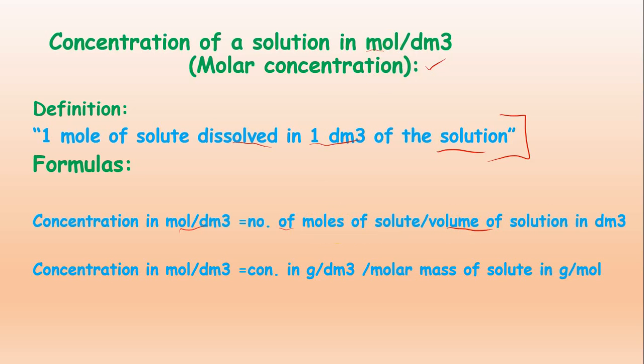Concentration in mole per dm cube can also be calculated when the concentration in gram per dm cube is given. This is formula number 1 and this is formula number 2: concentration in gram per dm cube divided by the molar mass of the solute in gram per mole.